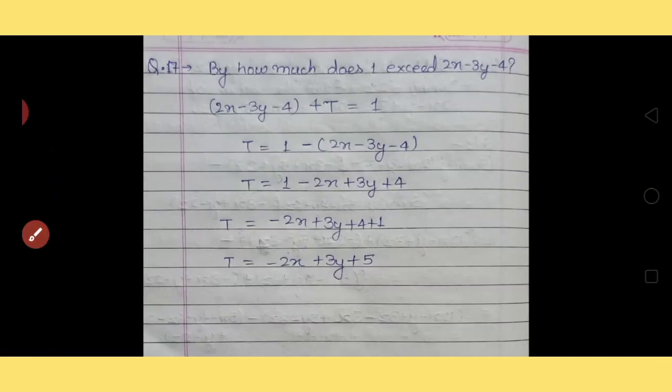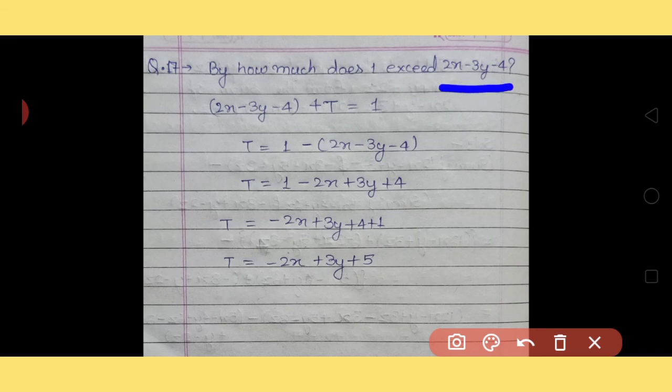Next question. This is the last question of this video, and you have to solve the rest of the questions of this exercise in your fair copy and handle the problems. By how much does 1 exceed 2x minus 3y minus 4?